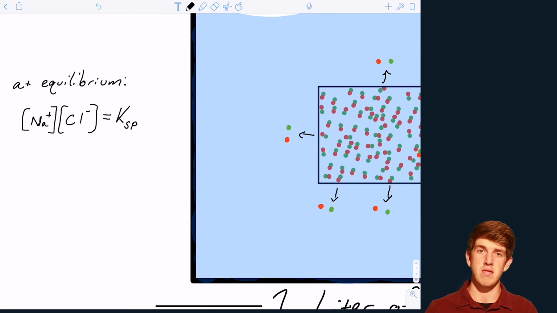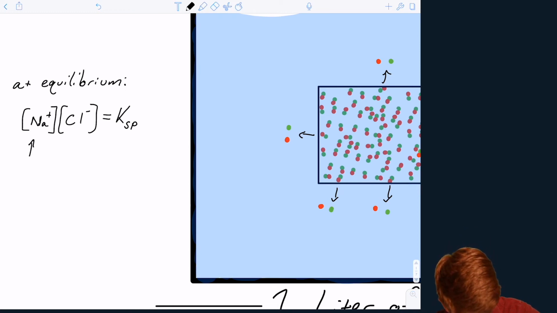It is the product of the concentration of ions that I like to have in solution at equilibrium. What this is, is just the molarity of the sodium ions times the molarity of the Cl ions. So these are represented in moles per liter.